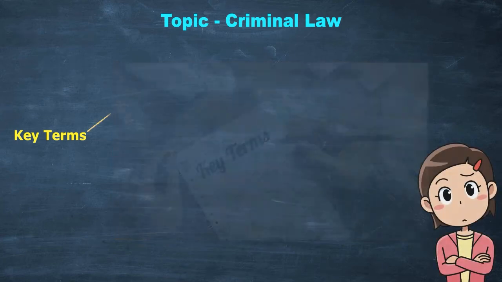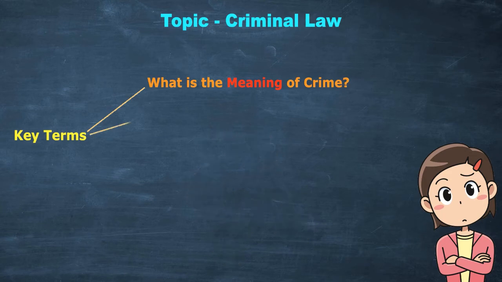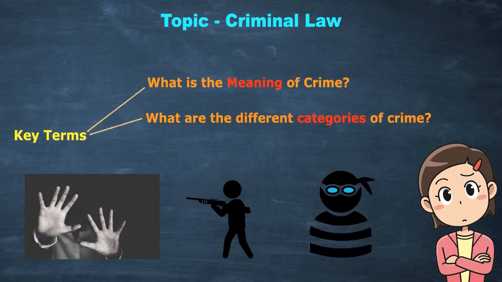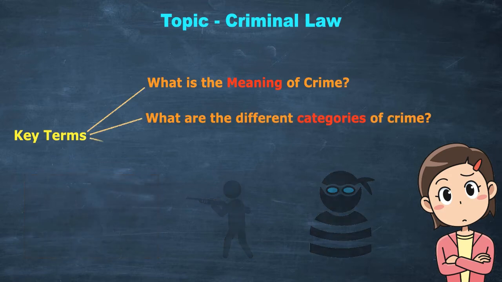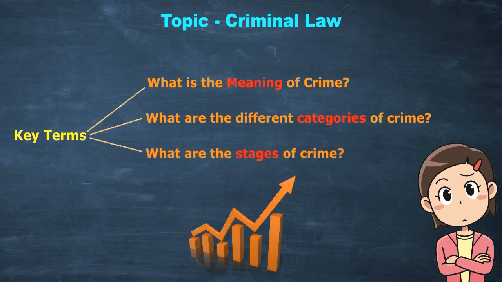The first one that we will discuss is the meaning of crime. Secondly, I will discuss the different categories of crime. Thirdly, the stages of crime.